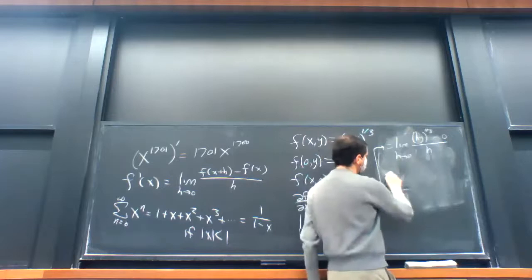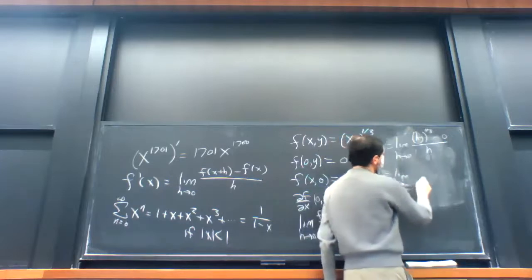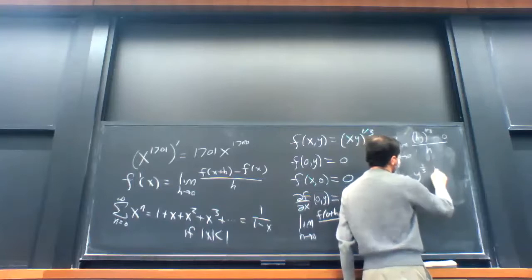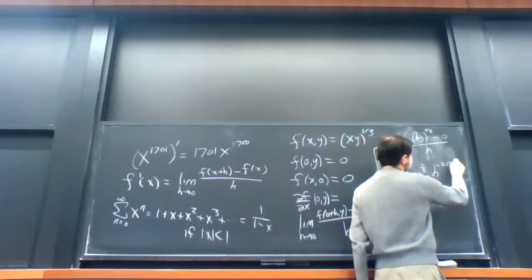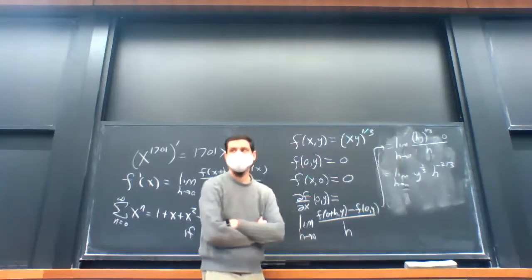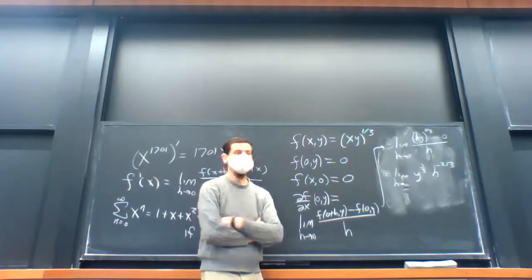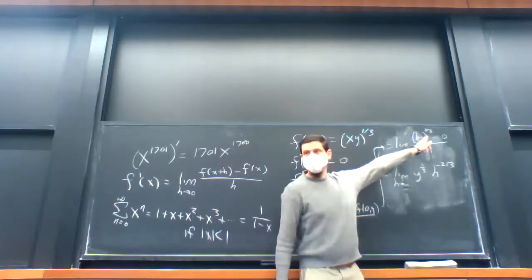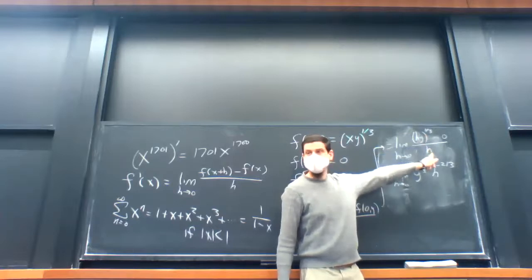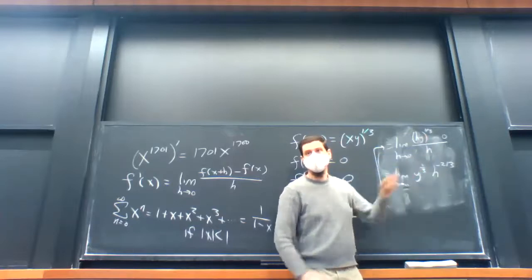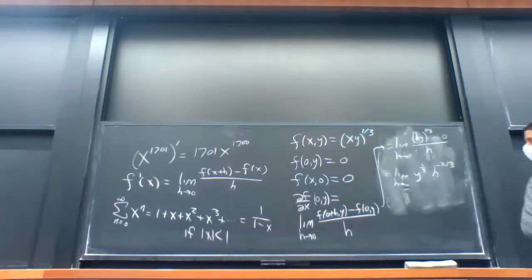If you look at this, this is the limit as h goes to 0 of y to the 1/3, h to the negative 2/3. If you think of h as 1/8, the cube root of 1/8 is 1/2. You have a 1/8 down below, so it's going to be 1/4. So when we look at this, what's going to happen as h goes to 0? It diverges.